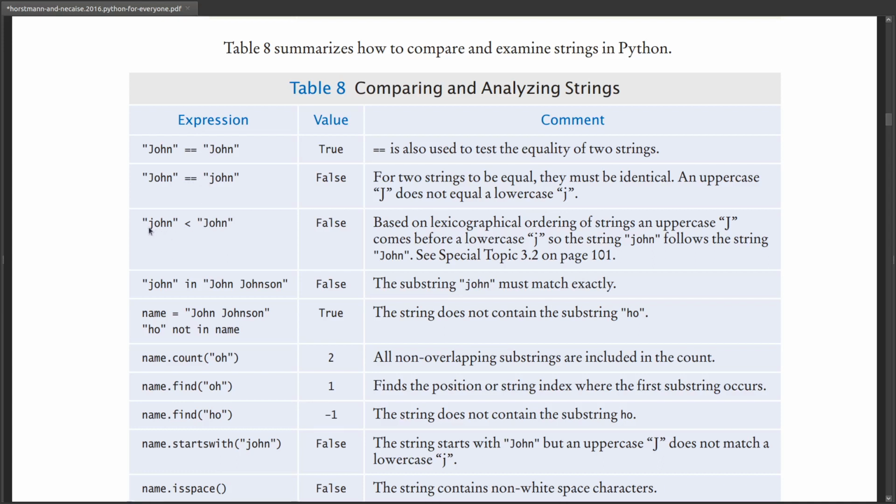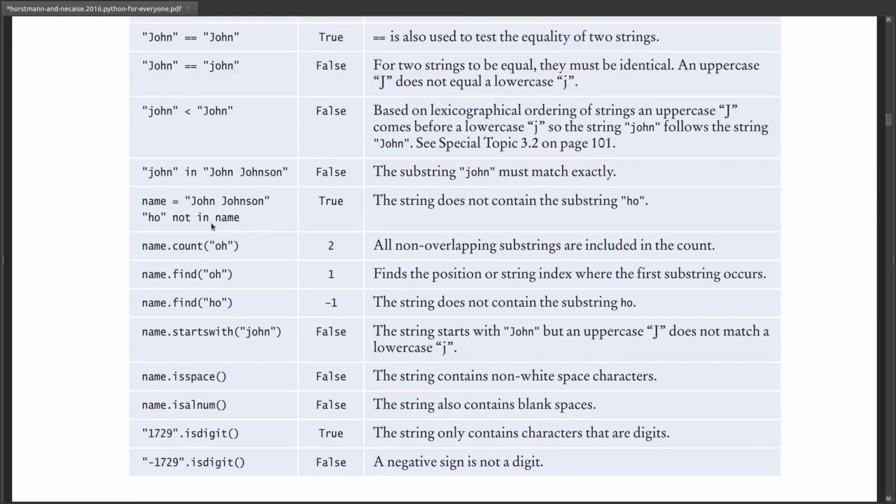No, because lowercase j has a higher ordinal value than uppercase J. As soon as we check the j's, we decide that lowercase john is not less than uppercase John. We can check if lowercase john is in John Johnson: no, because they're written differently. And we can check whether HO is in the name. It's not in the name, so we have no HO, so that check would return false.